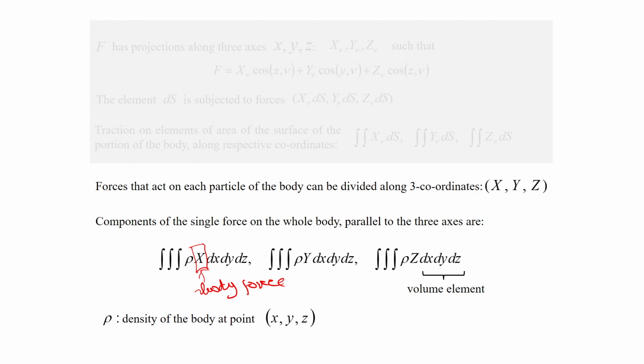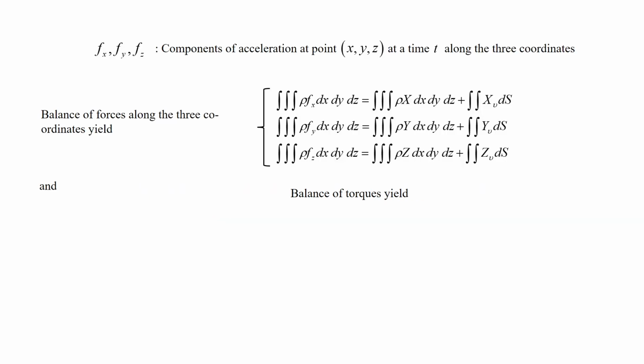So, we can sum up the surface force and the body force and see the balance, and the balance will result in some kind of acceleration. So, these fx, fy, fz are the components of acceleration at point x, y, z at a time t along the three coordinates. So, we have this balance of forces, and that will lead to this rho fx. So, this is the balance of forces along the x direction.